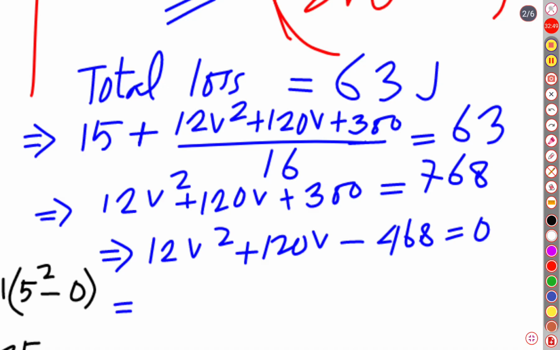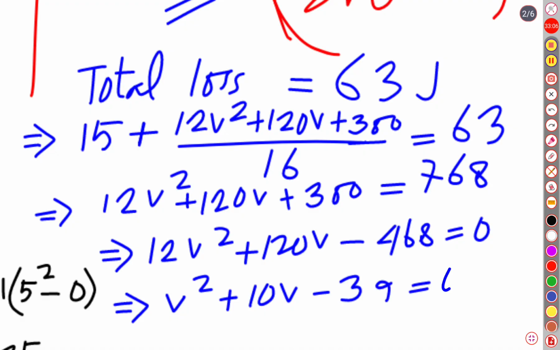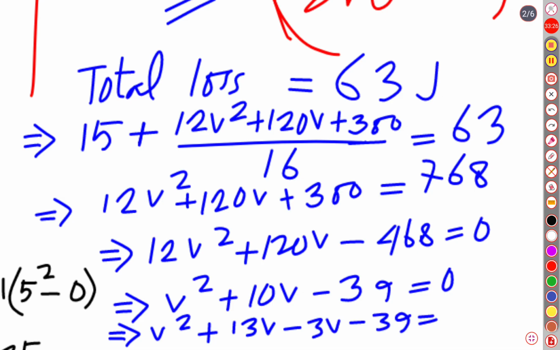And the whole expression can be divided by 12. So it is going to be v square plus 10v, and 468 by 12. If we divide, it is 3 12 are 36 and 108 9. Well, so v square plus 10v minus 39. Then if we factorize this, v square plus 13v, 3 13s are 39, so minus 3v minus 39 is equal to 0.